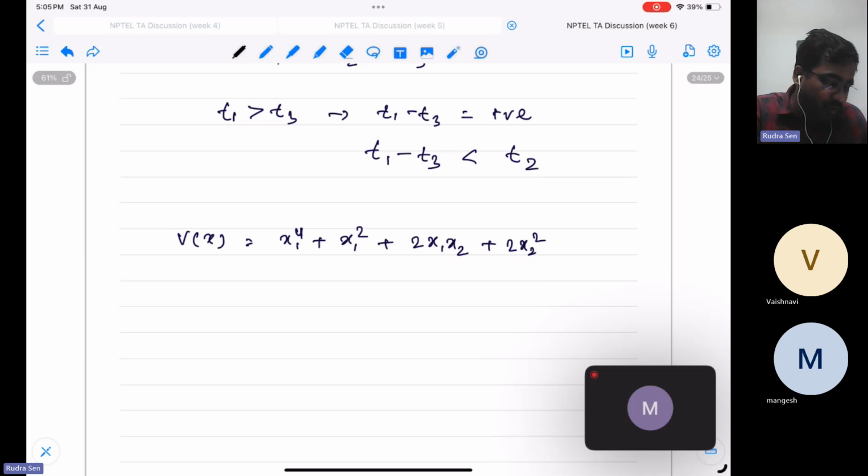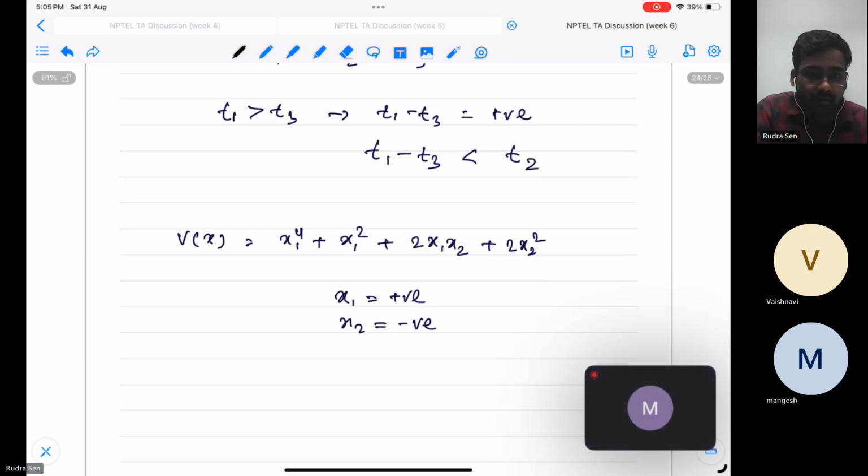So I'm not sure you can choose this as a Lyapunov function or not, because according to my knowledge, this term is not exactly a positive definite function. If x1 is positive and x2 is negative, or vice versa, then this term is negative.